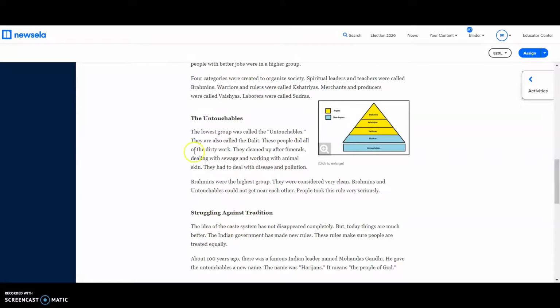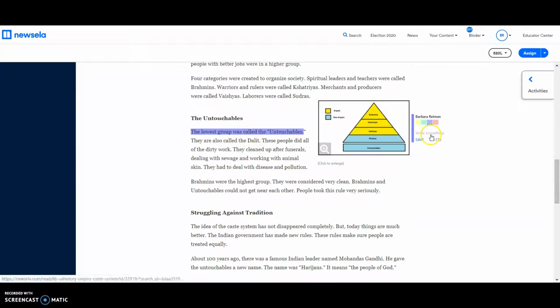Remember, you can highlight on things, and then you can color it, so you know the untouchables are the lowest group of people. If that's important to you, then you're going to highlight that.